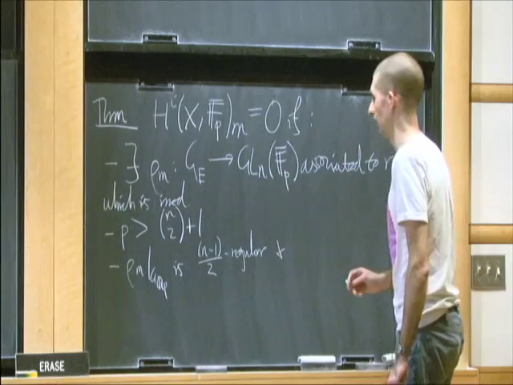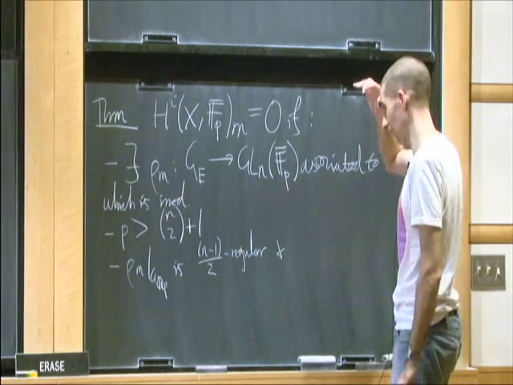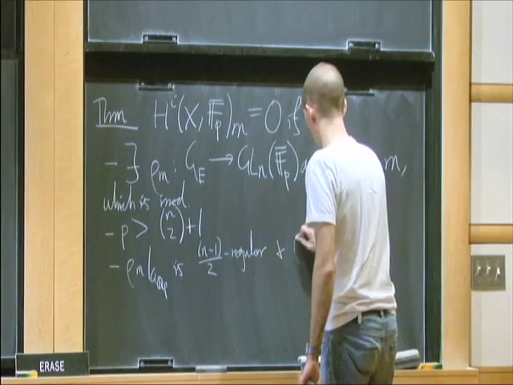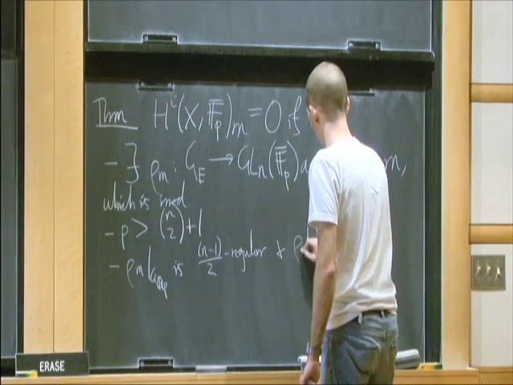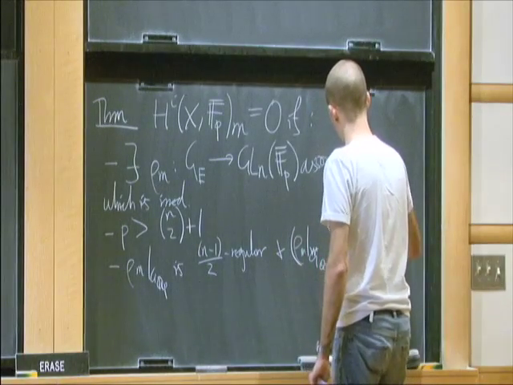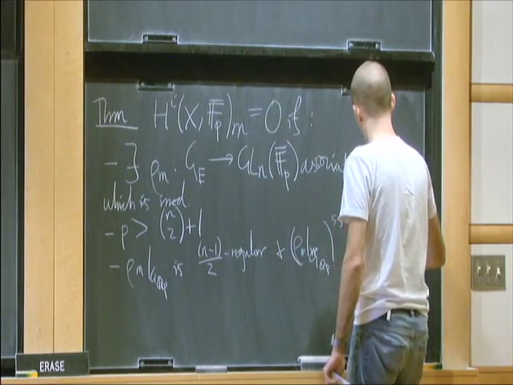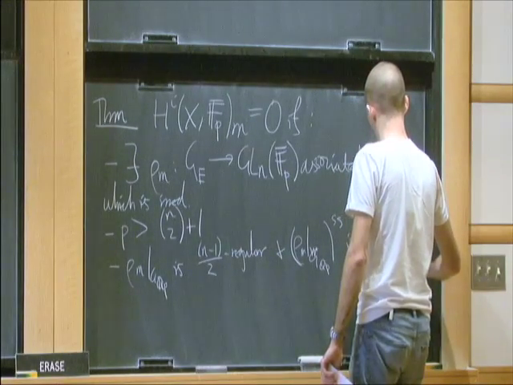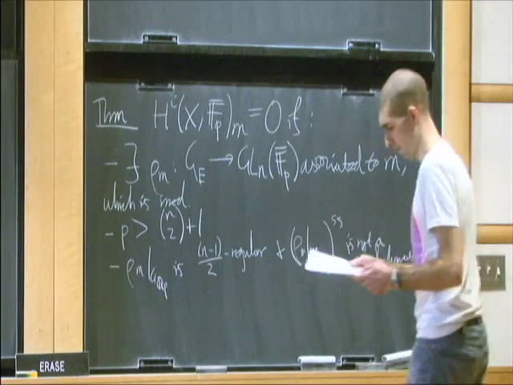And I'm going to merge the conditions into one to make it slightly weaker, but I'll say that the semi-simplification of this is not a sum of characters. So again, this is a condition I will explain.